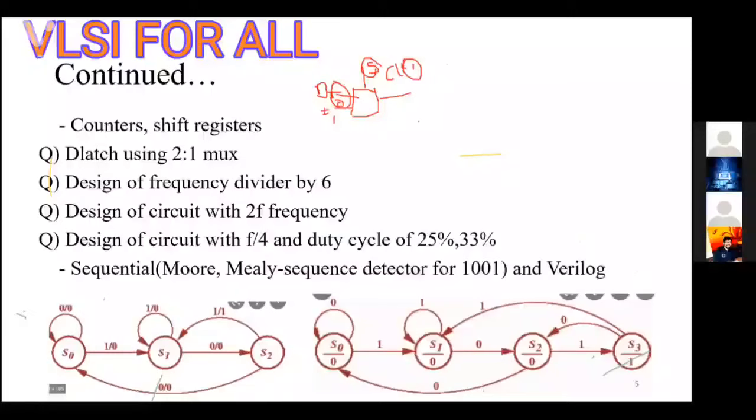And if the clock is 0, then we need to store the input. So there is some feedback here for the implementation of a D latch using a 2-to-1 mux. This is the D latch implementation.